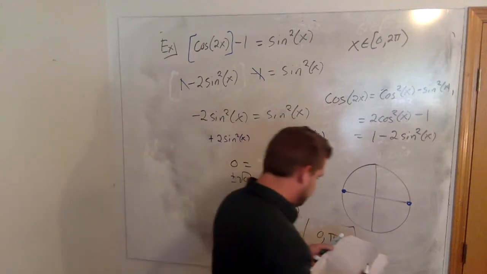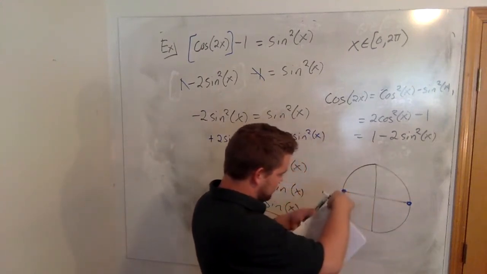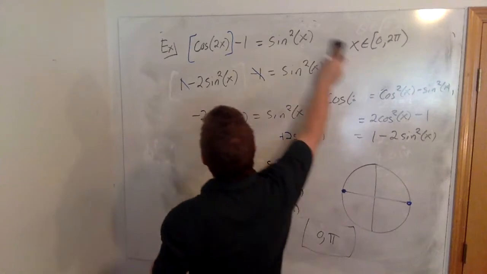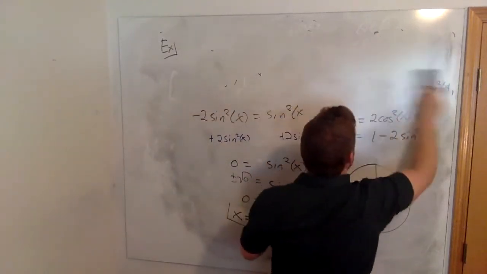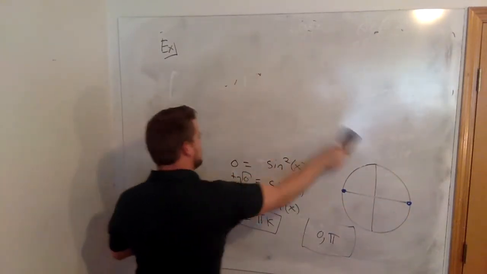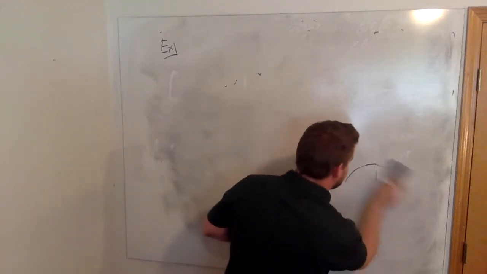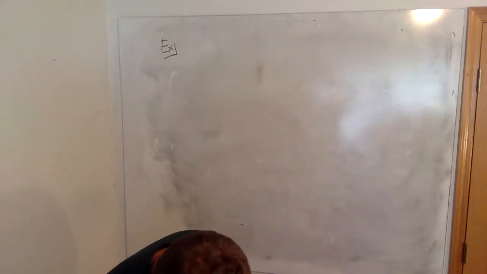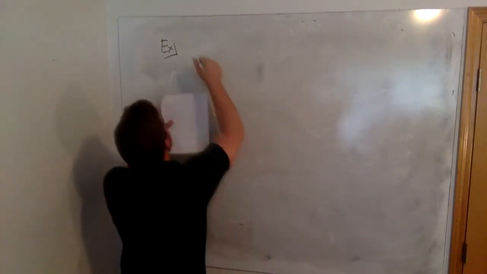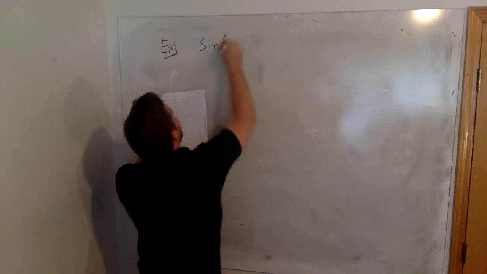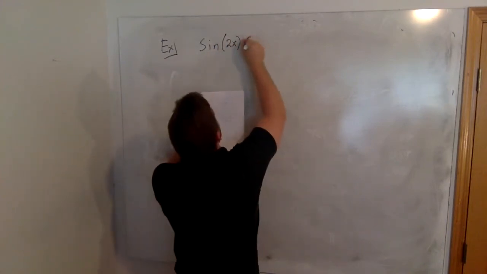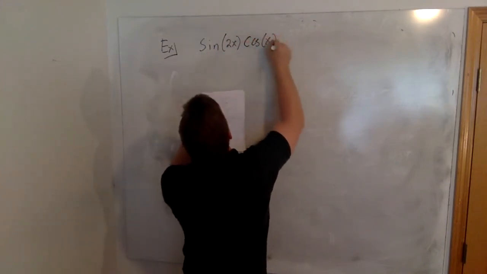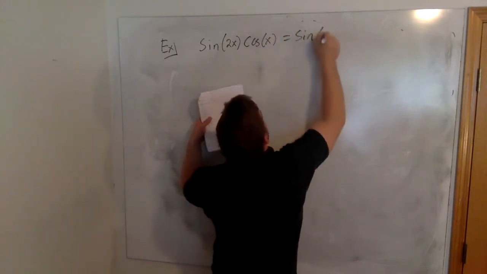Let's have you try one of this flavor. Let's try and solve sine of 2x times the cosine of x is equal to sine of x.